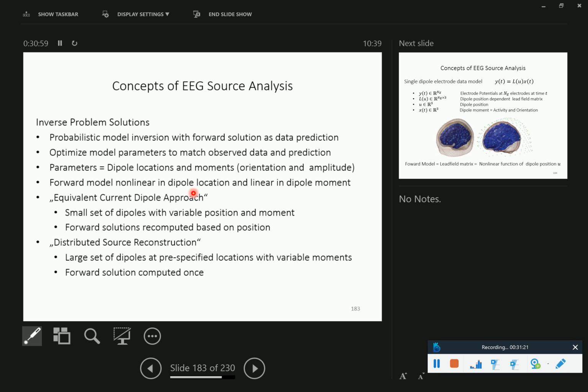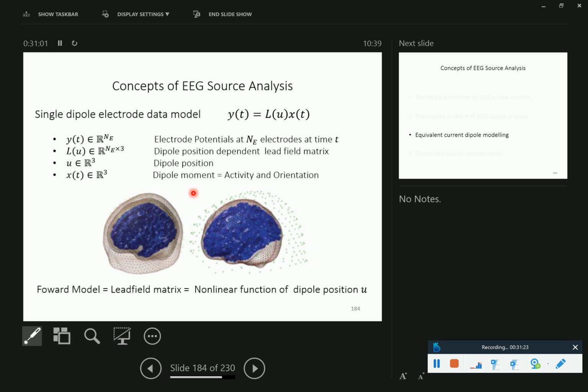So let's make this a little bit clearer by using a somewhat formalized approach. This looks somewhat familiar from the GLM.